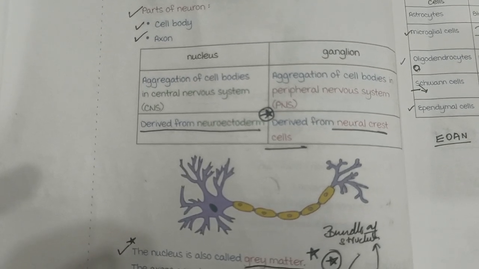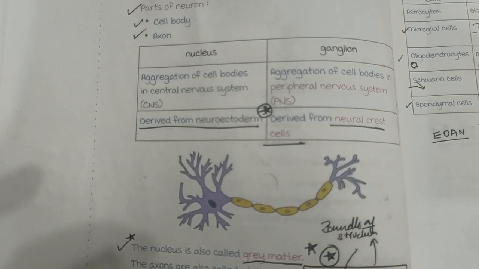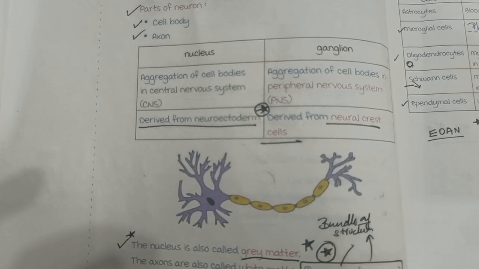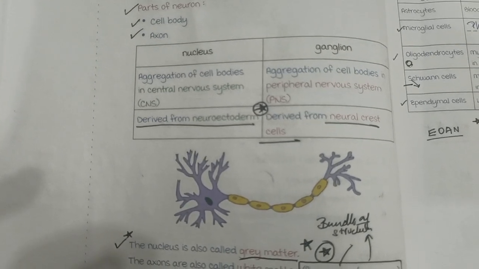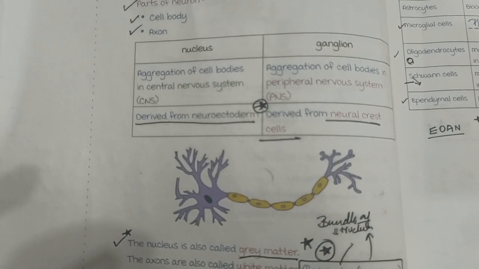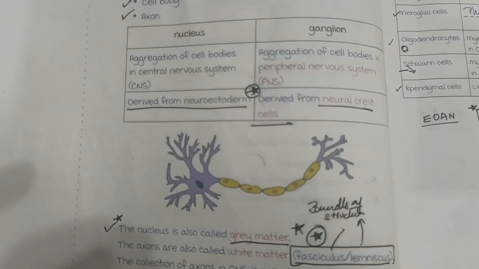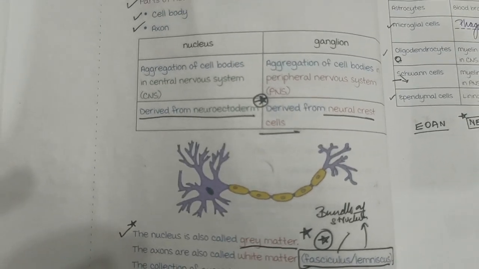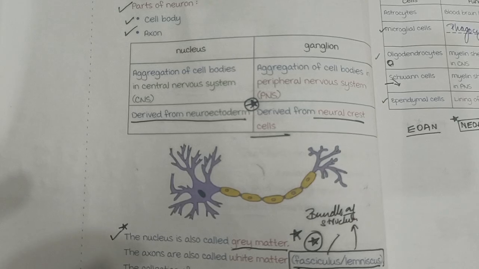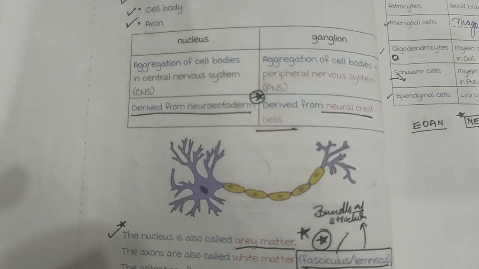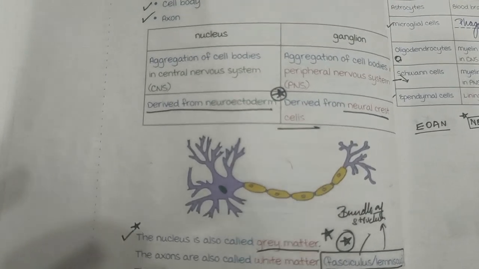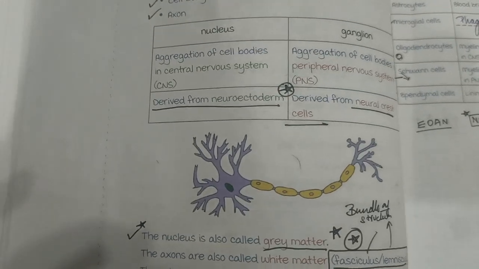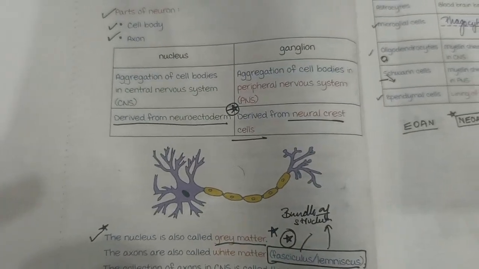That's the reason in further sessions we'll be discussing different types of nucleus, like the red nucleus and others. It's nothing but an aggregation of cell bodies in the central nervous system, derived from neuroectoderm, which we have already discussed in the last video. What is ganglion?